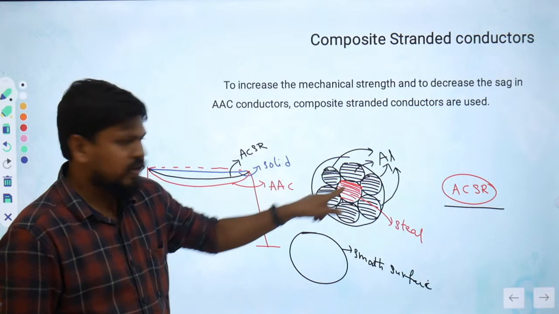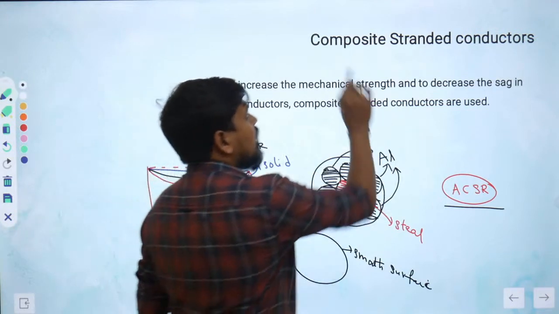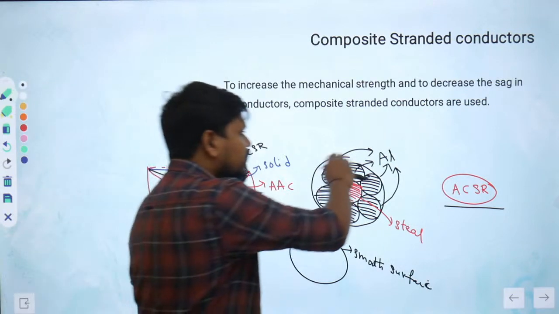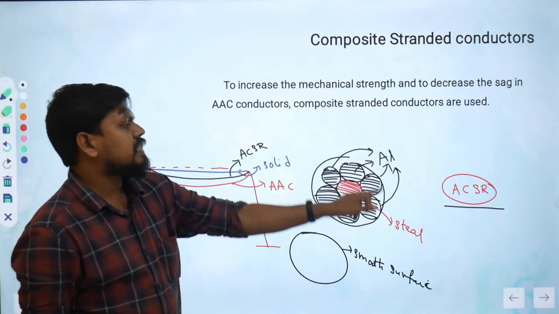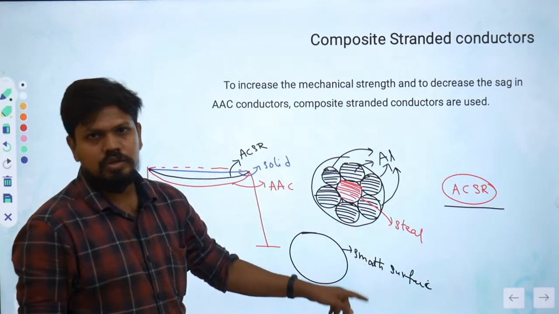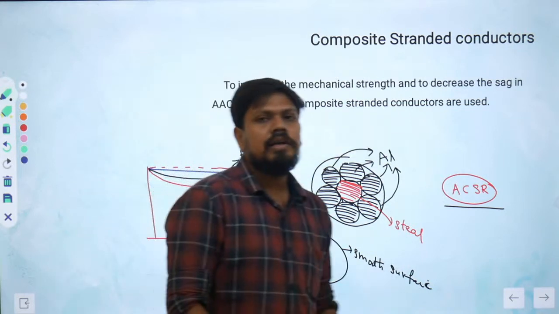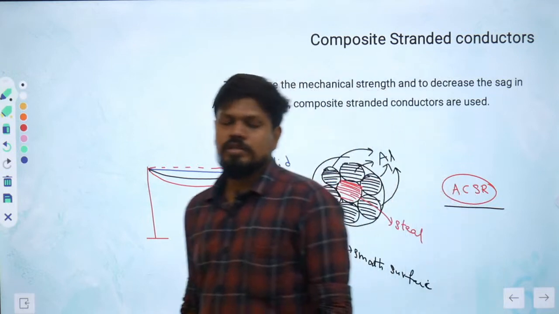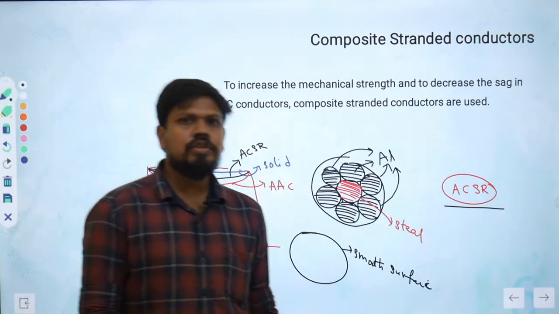It is a rough surface compared with this. That means whenever you use a composite stranded conductor, which loss will increase? The surface is not smoother, so definitely the electrical current loss will increase. You got it, right? The voltage stress on the conductor will be a little more compared to the solid conductor system. These are some of the other points you will have. That's how you need to understand.